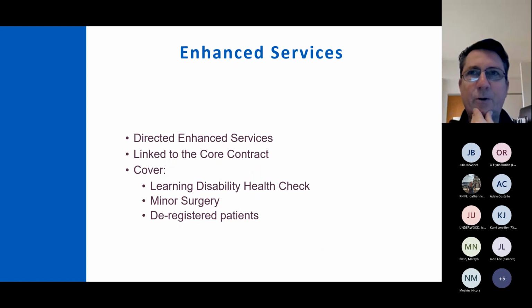Some practices do vasectomies, learning disability health checks, and deregister patients. These tend to be directly commissioned by the commissioner to certain practices within a locality who do work over and above the normal core services of a GP practice.